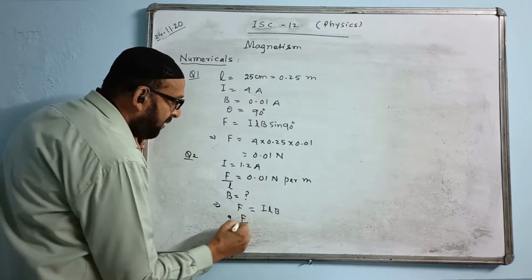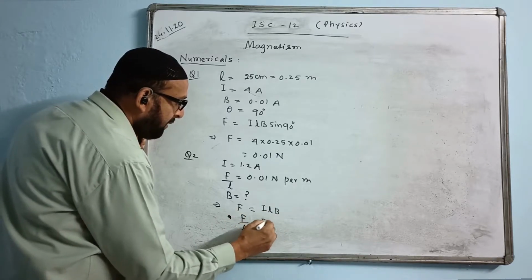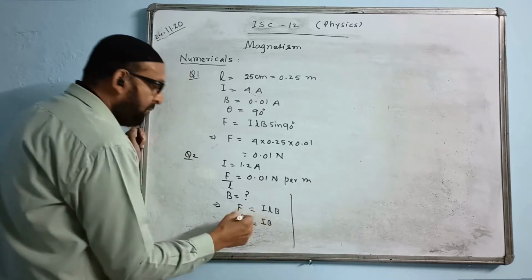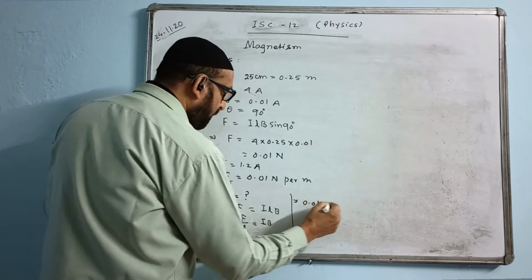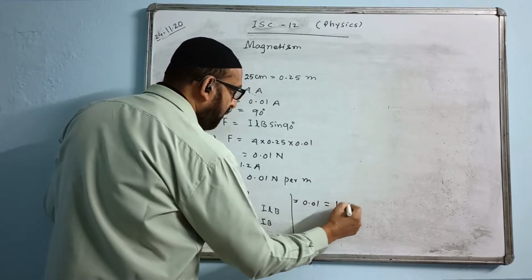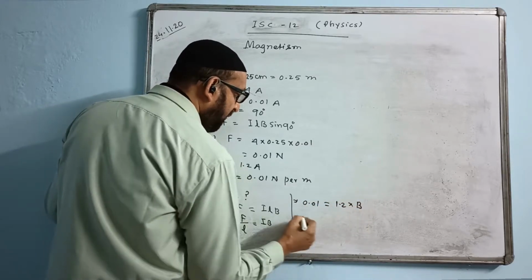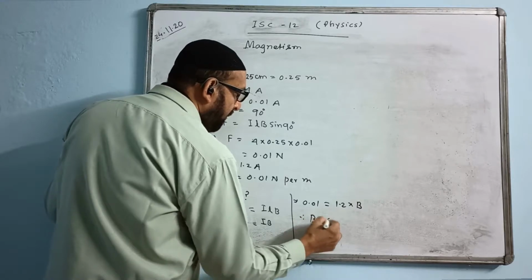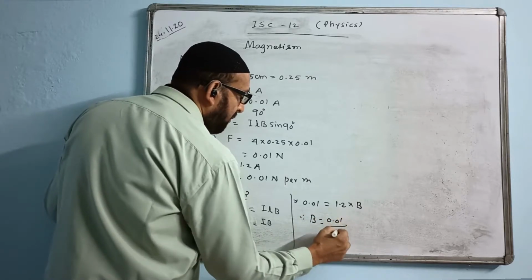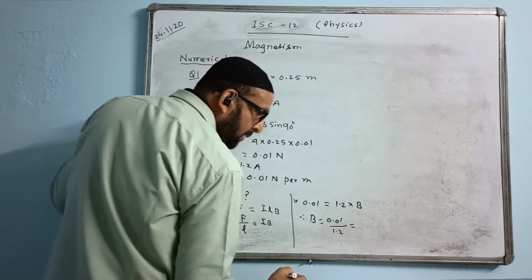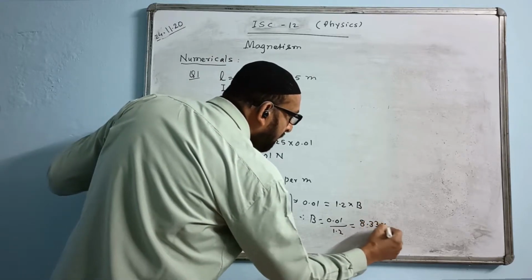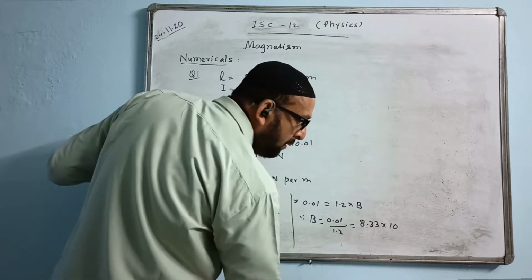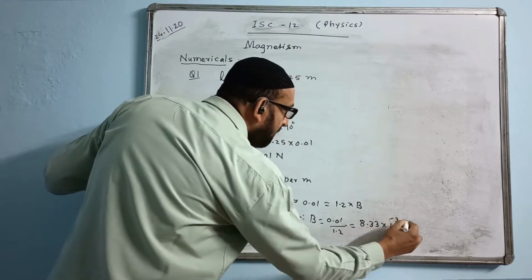You can make F by L the subject, here it becomes I into B. I'll put the value. F by L value is 0.01, I value is 1.2 into B is unknown, we'll find the value of B. B value will be 0.01 divided by 1.2. The answer comes 8.33 into 10 to the power minus 3 Tesla.